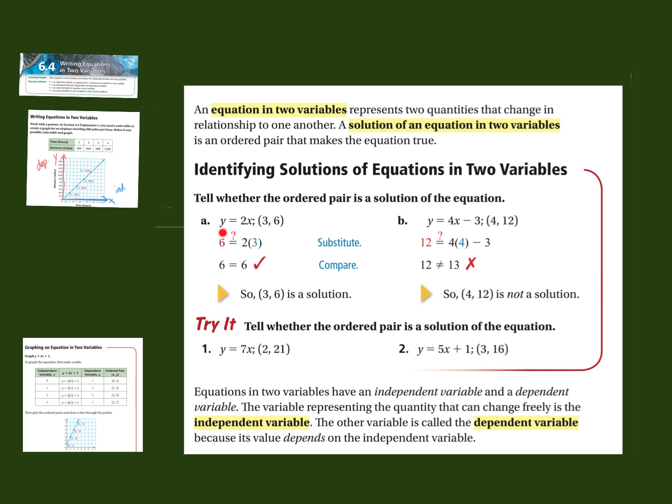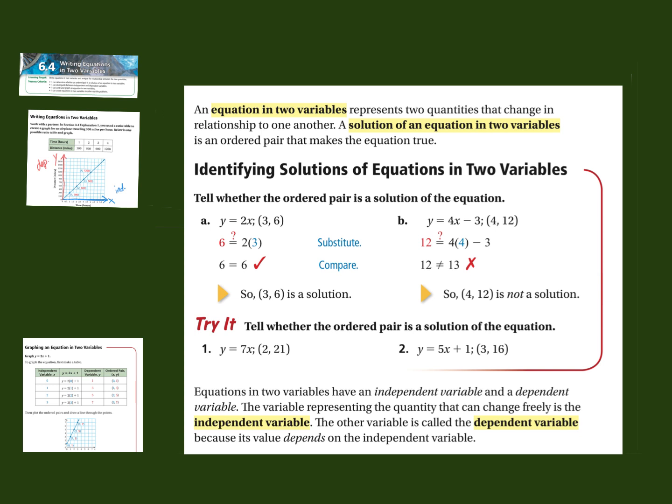So if we're saying that y equals 2x, whatever y is going to depend on what x is. Okay, so if I make x 1, then my y, I know that it's 2. If I say that x is 2, 2 times 2 is 4, so y is going to be 4. And so x is my independent variable.